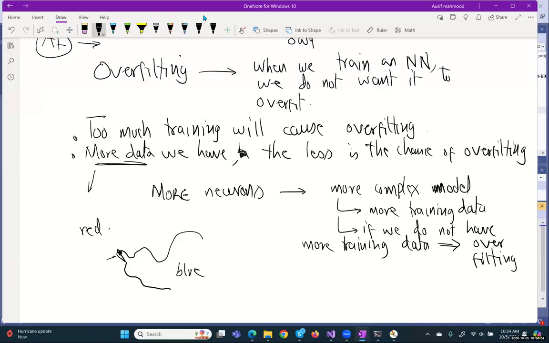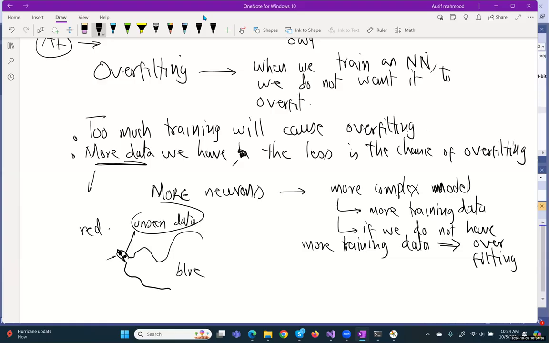So the model tried to accommodate that. Okay, what if somebody gives us, for example, a red dot over here? This is now unseen data. So somebody gives us the XY coordinate of this. As you can see, if this is where the unseen data was given to us, in reality, should it be classified as red or blue?